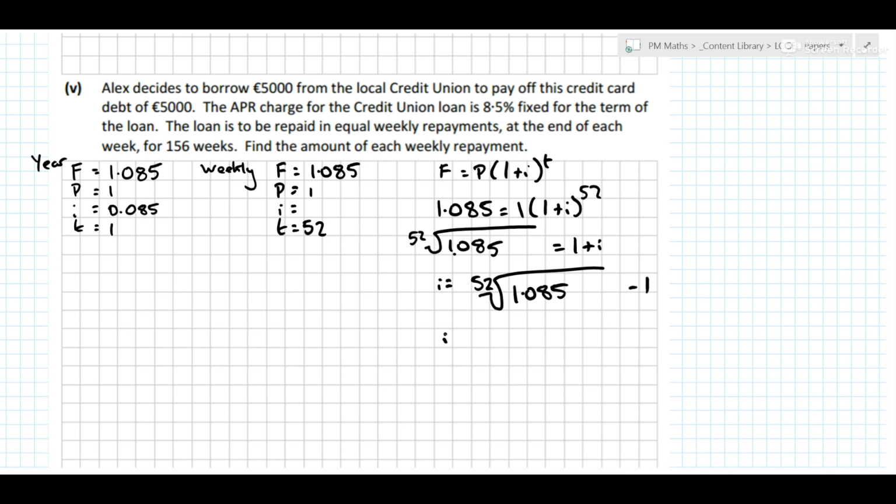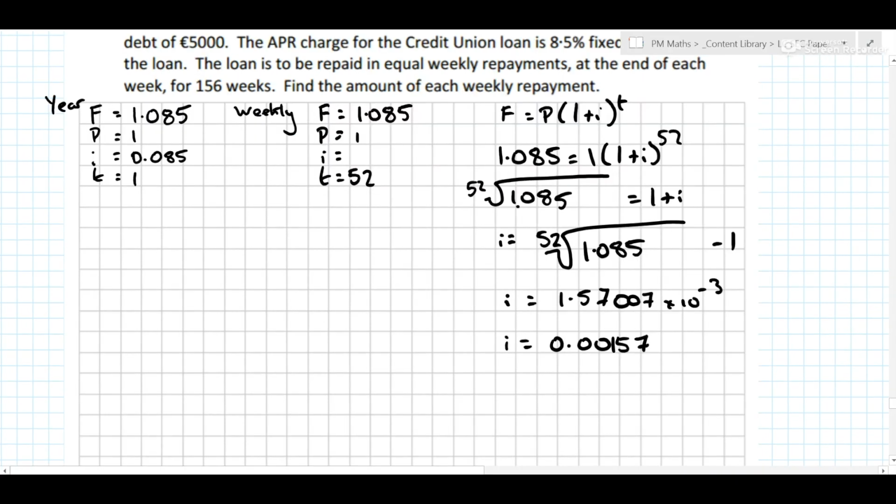Where are we going? Here we go. Which is 1.5707 by 10 to the minus 3. But we want to put that into decimal form, and we get this out.